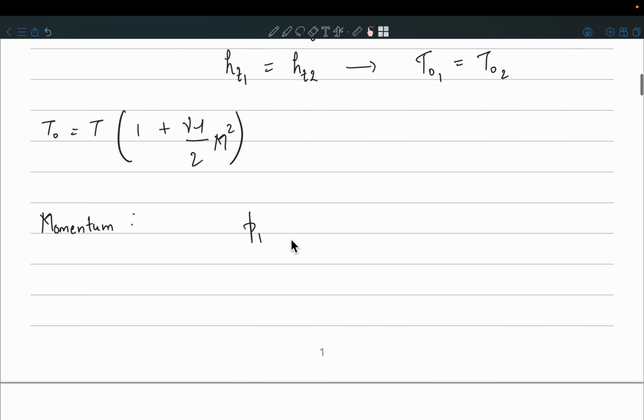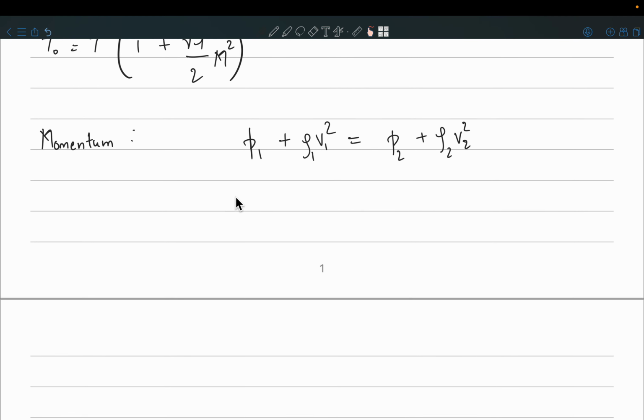I'm asking you the very basic governing momentum equation which you would have derived earlier, which is P1 plus rho 1 V1 square is equal to P2 plus rho 2 V2 square, and we are assuming no gravitational effects. We have derived this earlier, right?